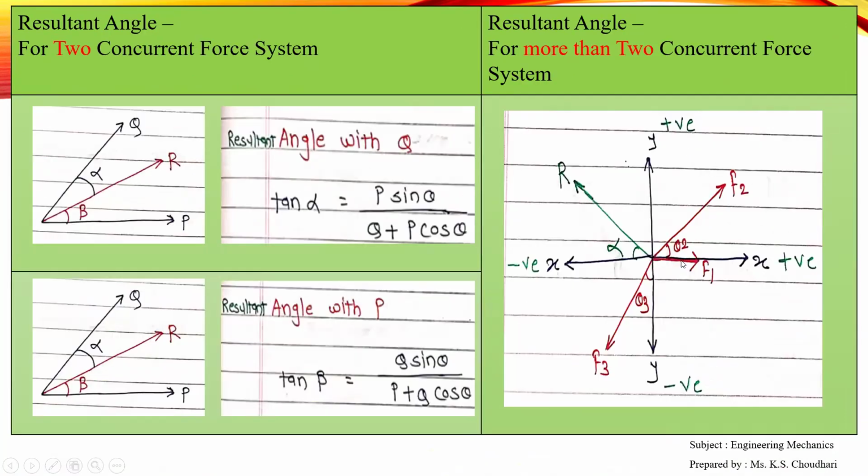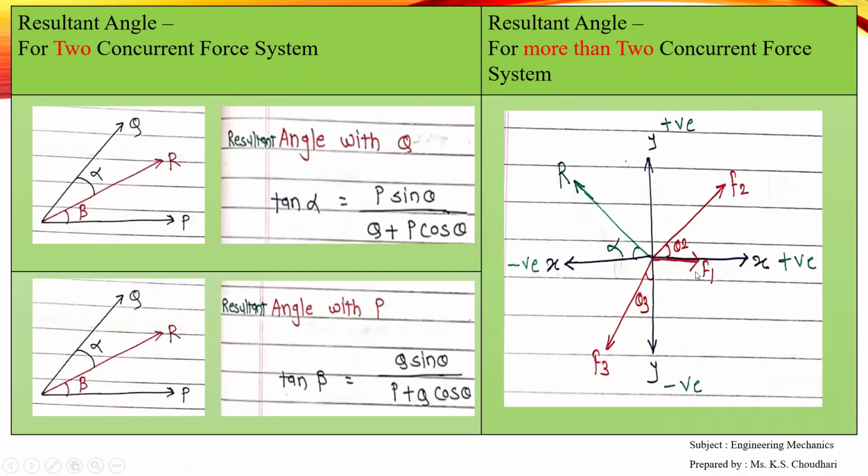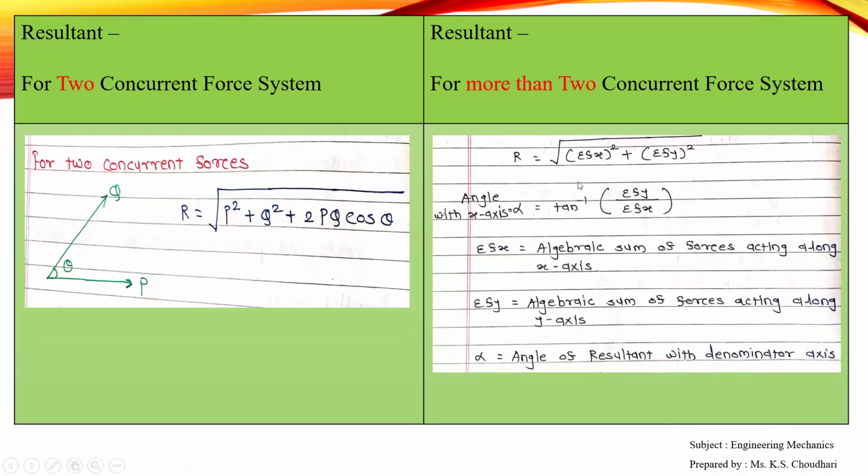Now the formula becomes under root summation of Fx square plus summation of Fy square. Now the summation of Fx means, look here, summation of Fx is equal to the algebraic sum of the forces acting along the x-axis, means all the forces which are acting along the x-axis, we will write down those forces, do the summation of it and write down here, that is summation of Fx.